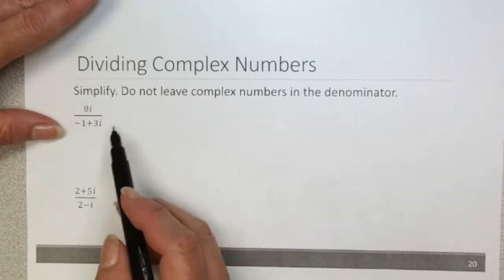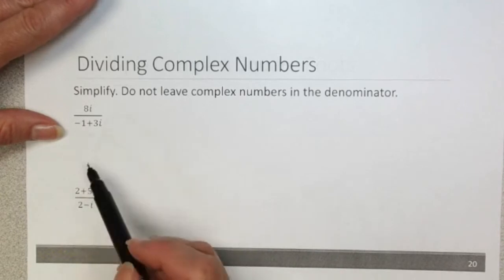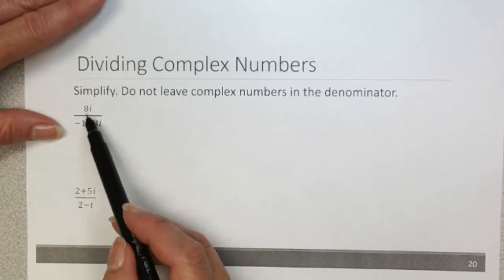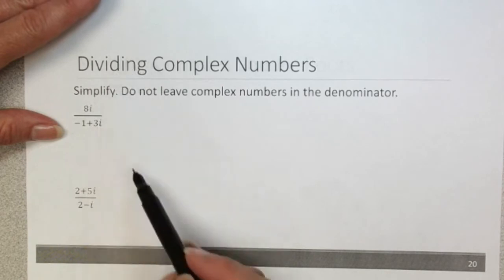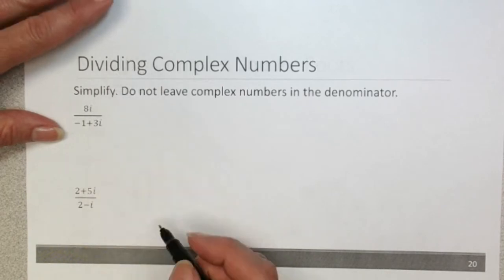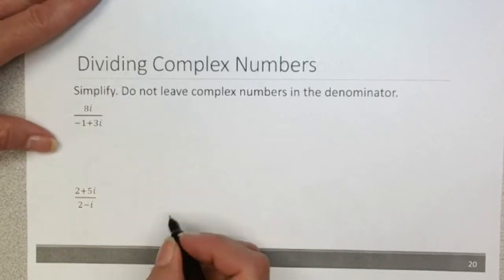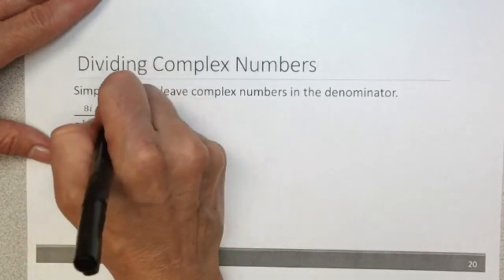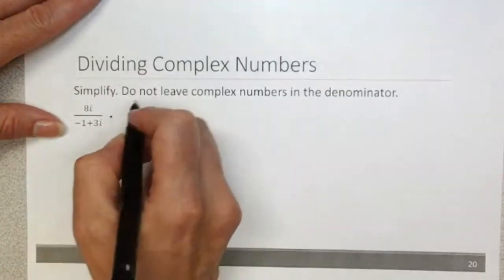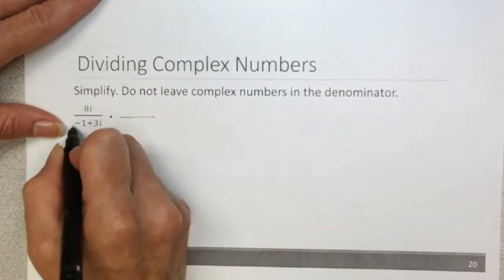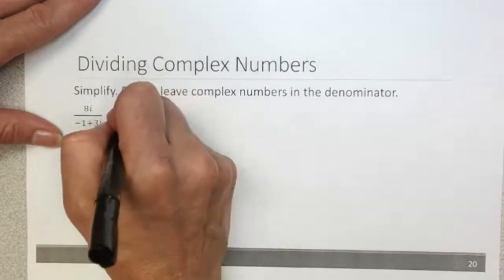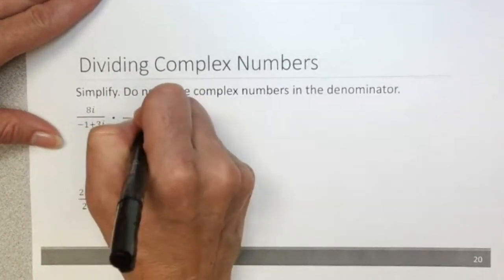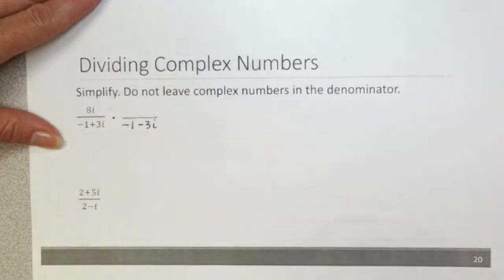But the easiest thing to do when you're simplifying a fraction with a complex number in the denominator, or when we're dividing complex numbers, is to multiply by the conjugate. So the conjugate of -1 plus 3i is going to be -1 minus 3i, okay?